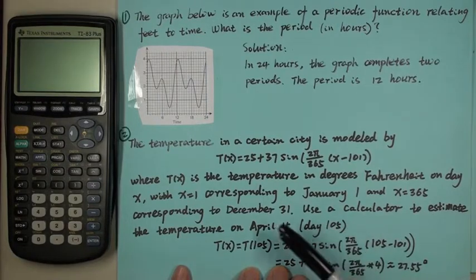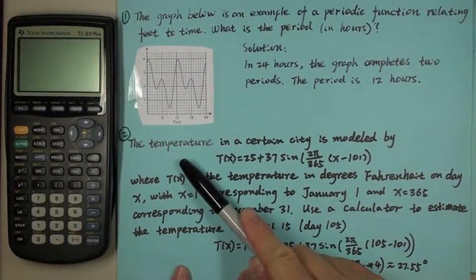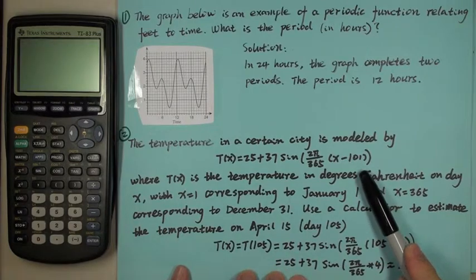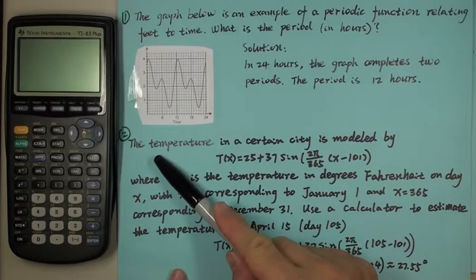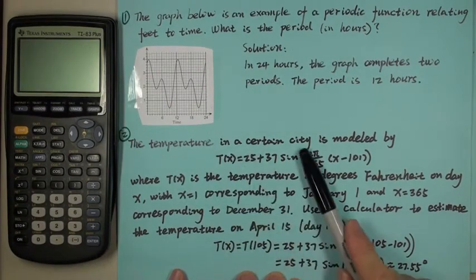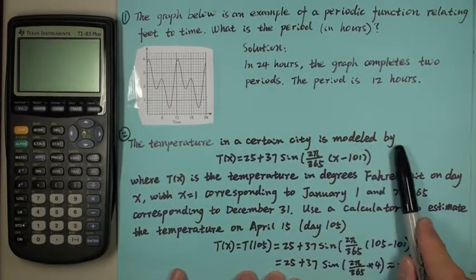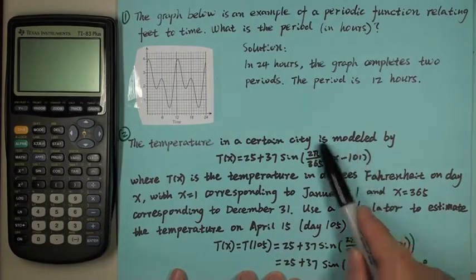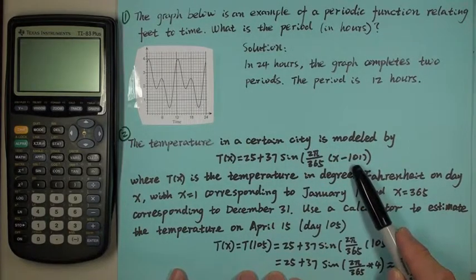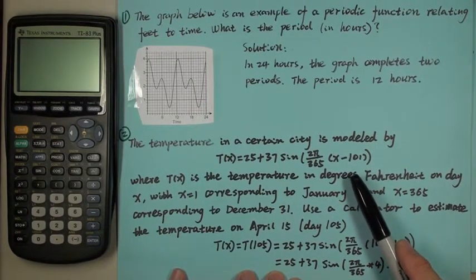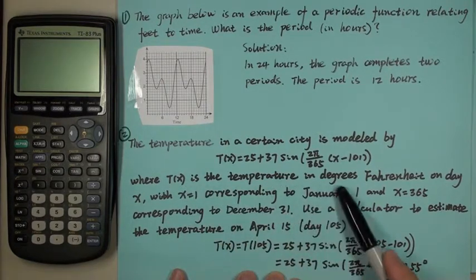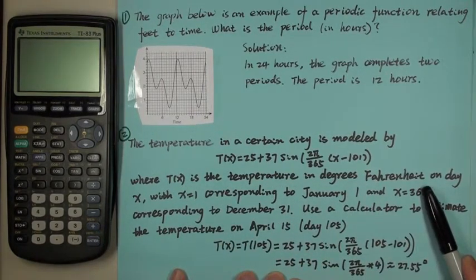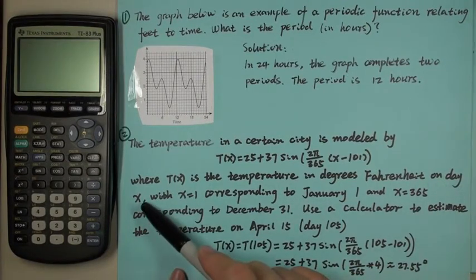The second one is an application of trigonometric functions. This one says that the temperature in a certain city is modeled by this trigonometric function, where T of x is the temperature in degrees Fahrenheit on day x.